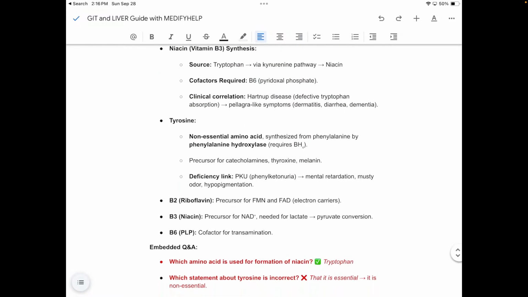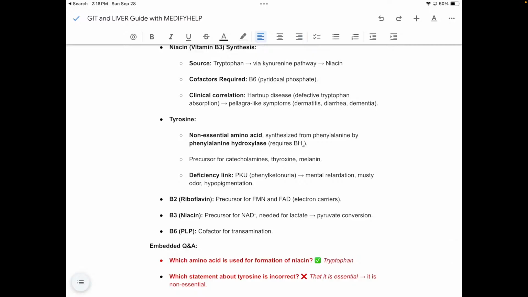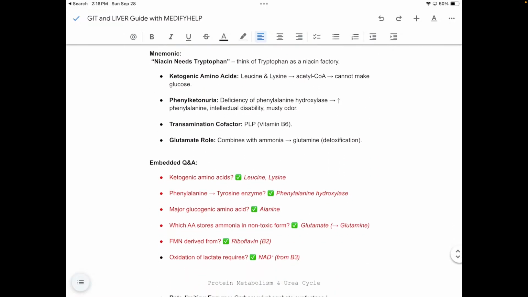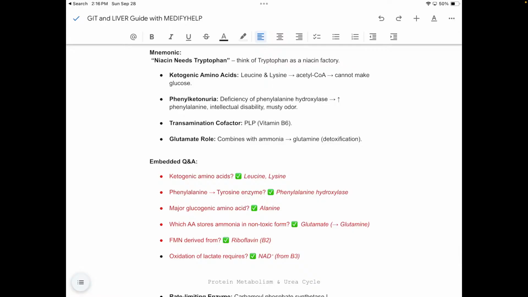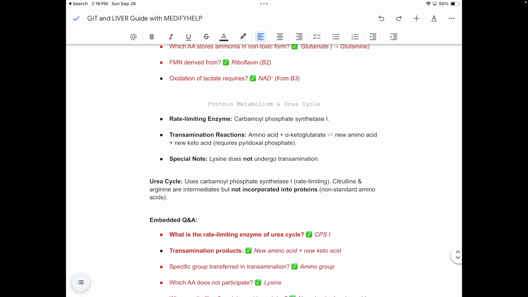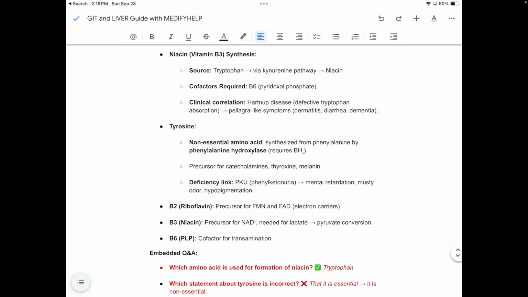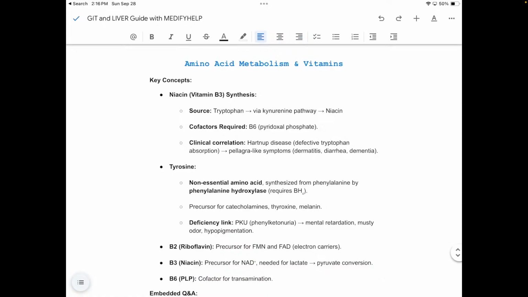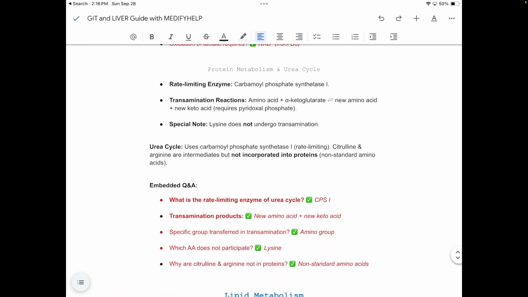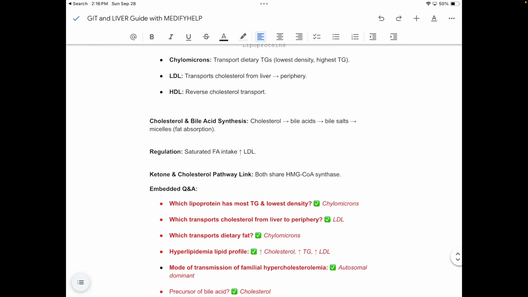Okay, next step is amino acid metabolism. So you have all these things in this, right? Okay, I don't see a problem. Yeah, we can make it work.